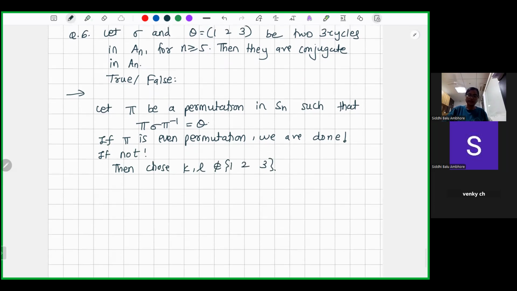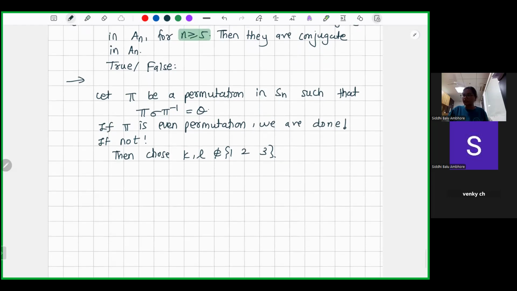Here n is again greater than or equal to 5, if you notice. We call this tau equal to the transposition (k l).